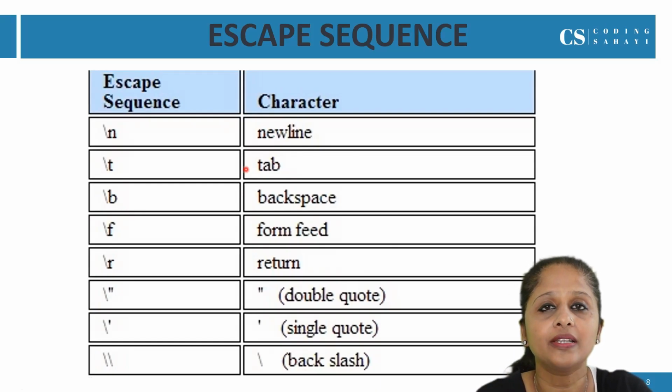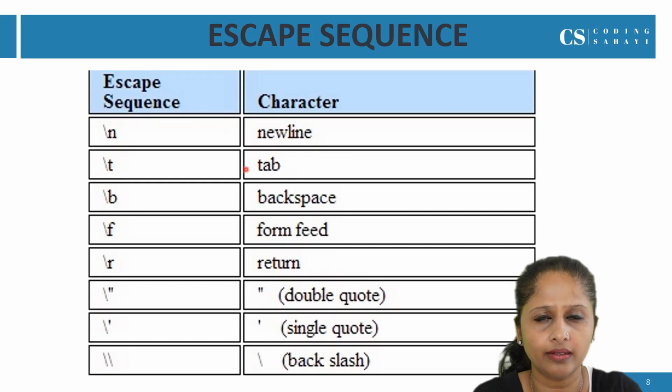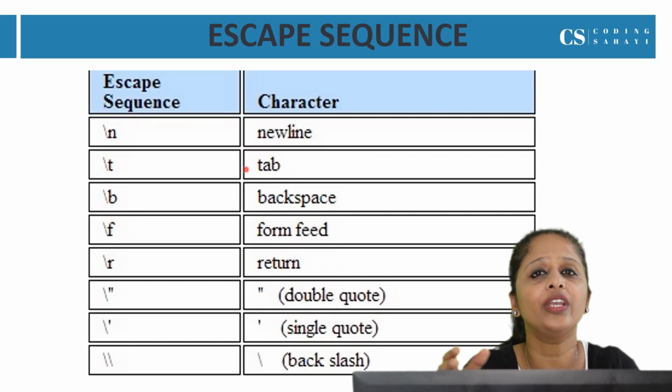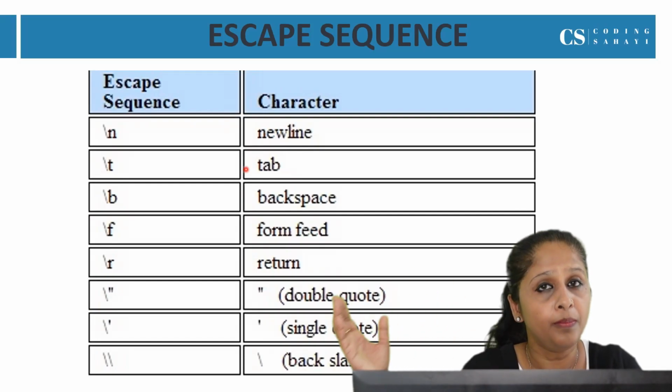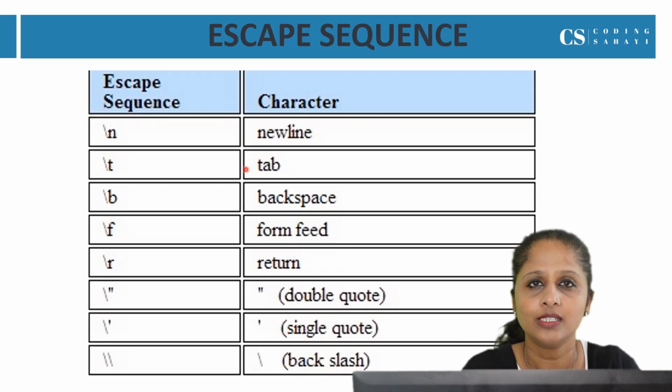So slash n represents new line. In the same way we have slash t, that is a fixed space in between the characters. Suppose you are writing hello world, and after hello you want to give some space before world, then you can give slash t. So slash t is a horizontal tab space.